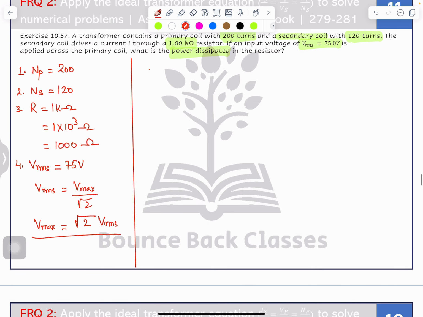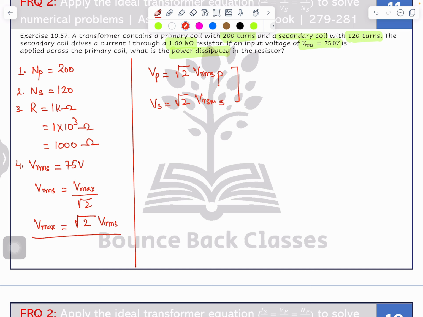In terms of V primary, root 2 times VRMS of primary. Similarly, Vs is equal to root 2 times VRMS value of secondary.